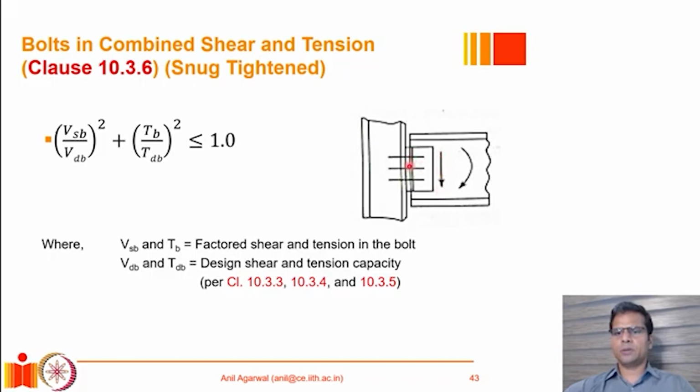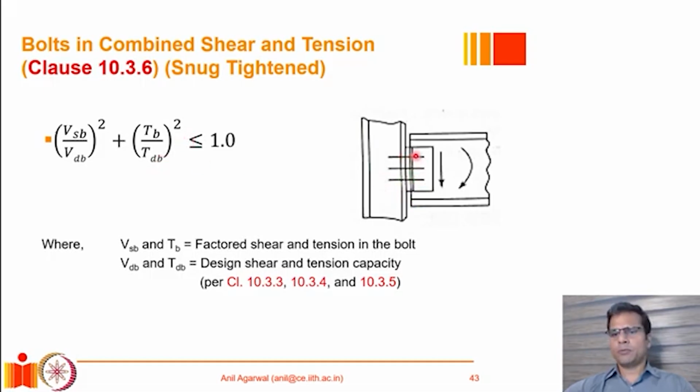The direct effect of this force will be a shear force demand on these bolts, and as a result of this moment, there will be tension force demand in the top bolt, and there will be some kind of reduced tension force demand in the bottom bolt, most probably, if there is a contact between the bottom flange and the column. If there is no contact, there may even be some bearing resistance coming from here.